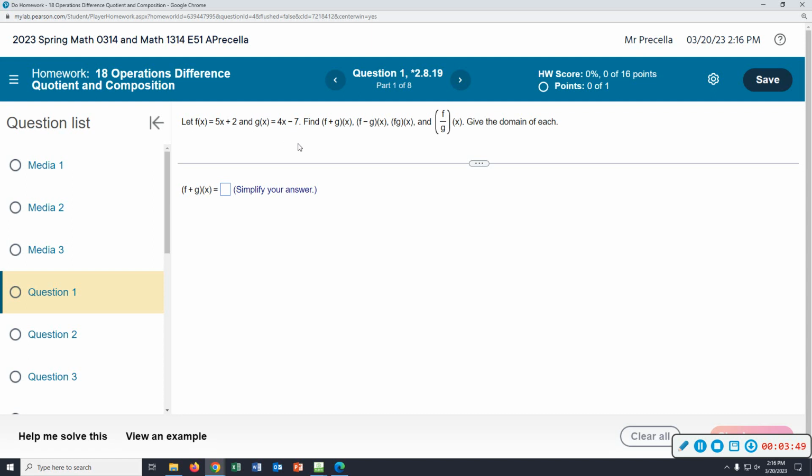This is one of those 8-part problems. Defining f plus g, f minus g, f times g, and f divided by g. Adding the functions, subtracting them, multiplying, dividing them, and then we have to give the domains.